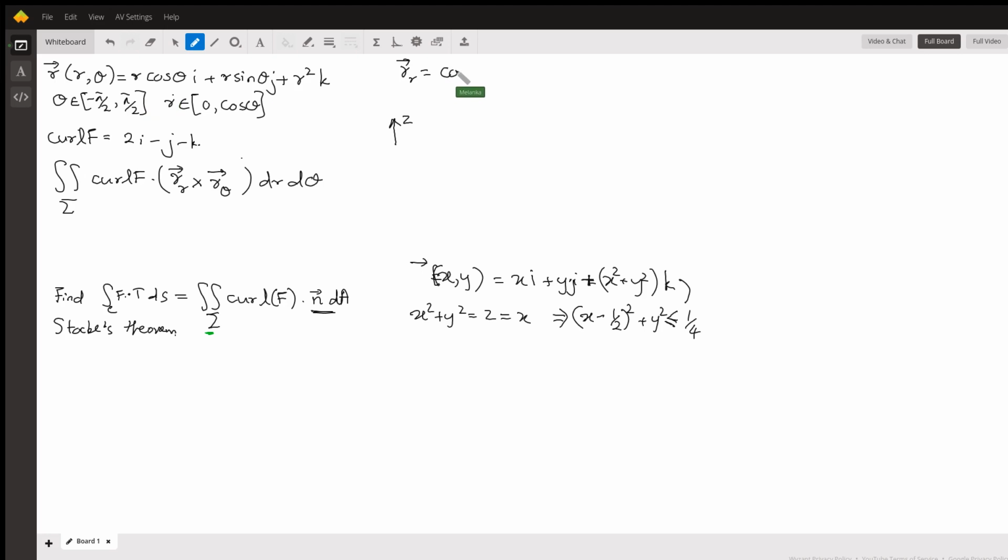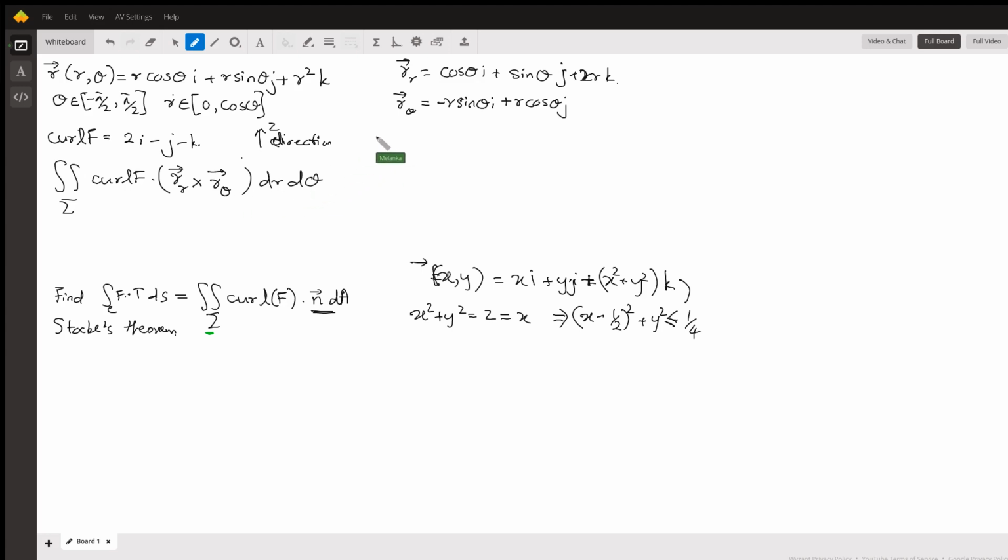Once you do that, you have cosine theta i plus sine theta j plus 2r k. Then r theta: taking the derivative with respect to theta, negative r sine theta i plus r cosine theta j, and there's no theta in the k component, so that's just 0k. We can leave it out.